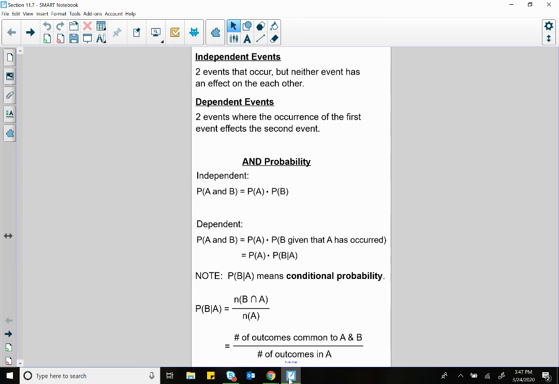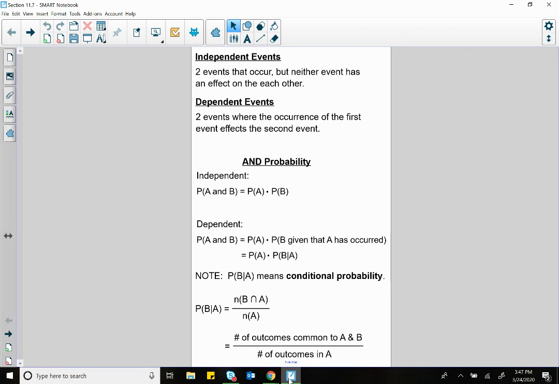So let's talk about the difference between those. Independent events means that two events occur, but neither event has an effect on the other. For instance, flipping a coin and rolling a die. The flip of the coin has no bearing on what happens if you roll the die.